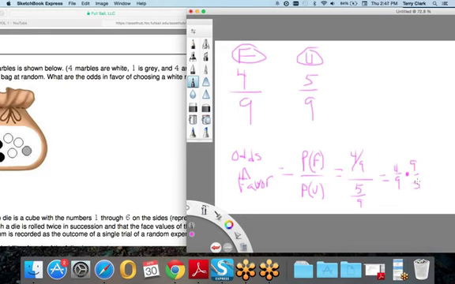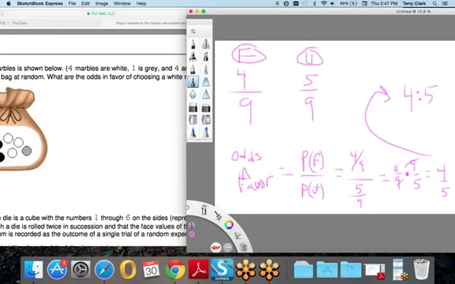Then we'll cross cancel our way out here and here, and we'll end up with 4/5. So what we mean is that the odds in favor are 4/5. Another way of writing that is with a colon in the middle, like that, 4:5.